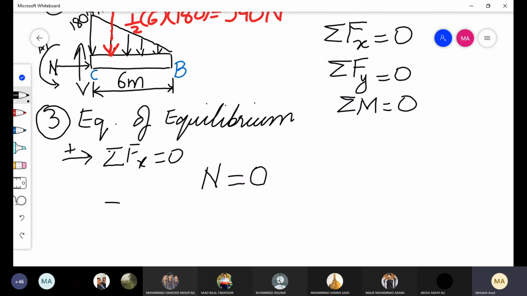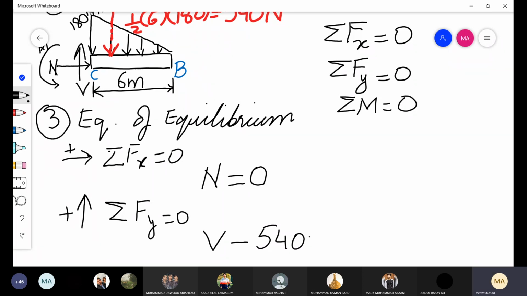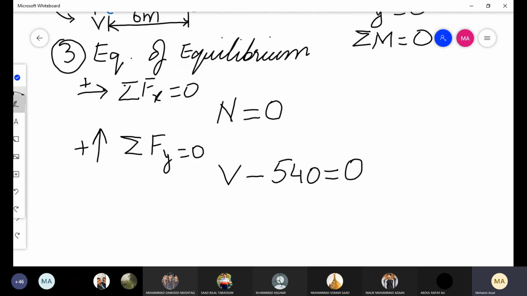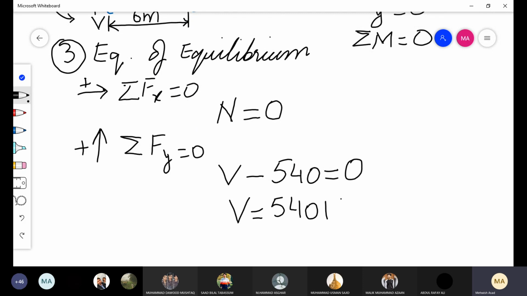Then we will apply the second equation of equilibrium, that is summation of all forces in y direction is equal to 0, assuming all upward forces as positive. We have one upward force V, one downward force 540, and the net effect will be 0. So V will be equal to 540 Newton.